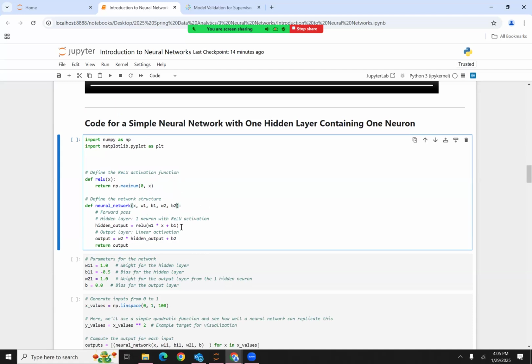So when any input X comes in, we multiply it with W1 and add B1 and send it through the RELU activation function. And we're going to get the output from the hidden layer. We take the output from the hidden layer, multiply it with another weight W2, and add another bias B2, and we get the output of the neural network.